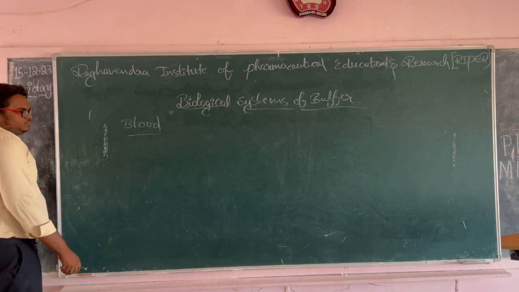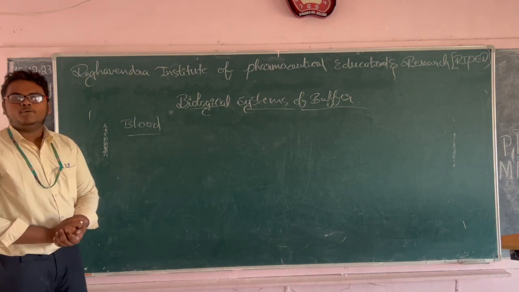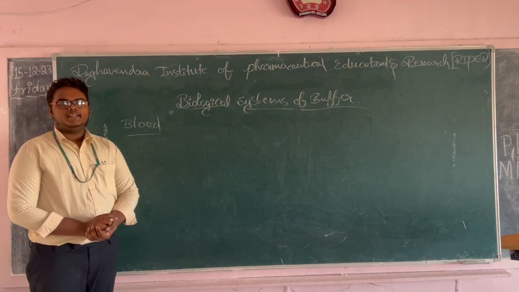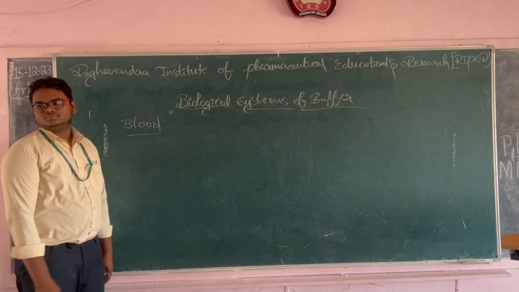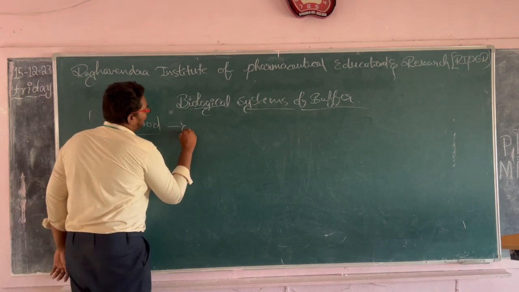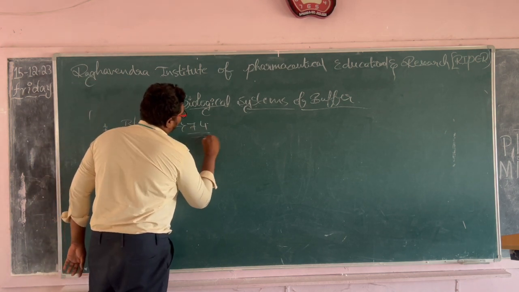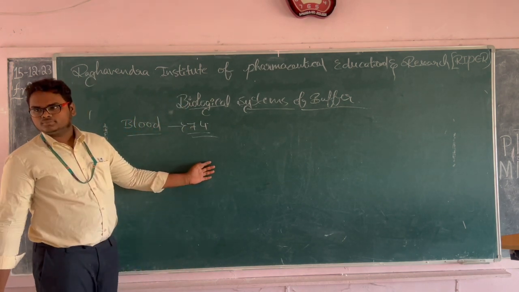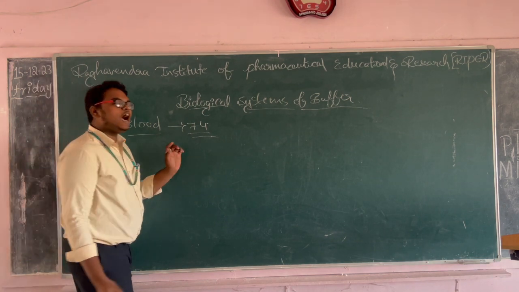Do you know about isotonic solutions? That having 7.4 pH, which is slightly alkaline.